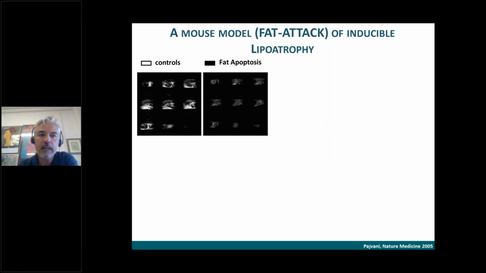So activating this caspase, you can induce apoptosis only in fat adipocytes. And you can see clearly here that adipocytes are gone after the activation of the caspase. So the animal starts losing weight. You can see clearly here.